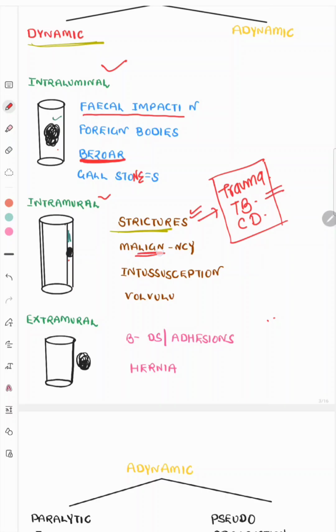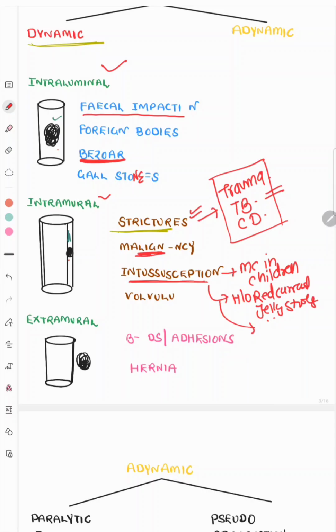It can be a malignancy or intussusception. Intussusception also causes intramural obstruction, which is the most common in children. History of red currant jelly stools, and there will be a sausage shaped lump.